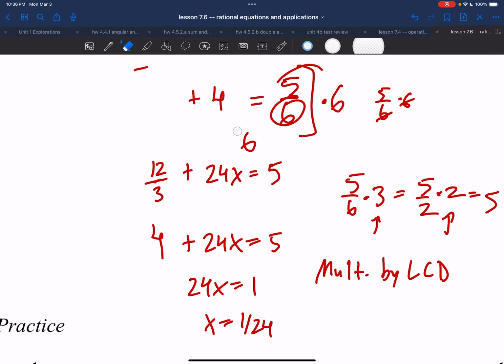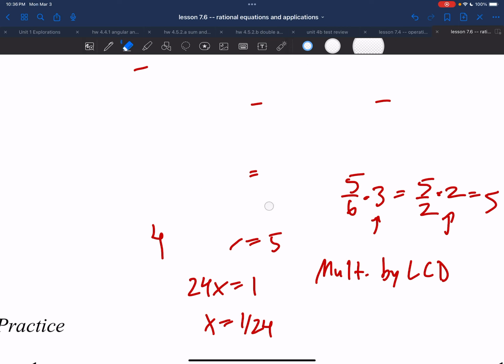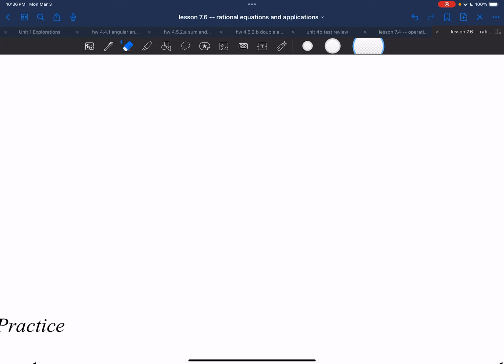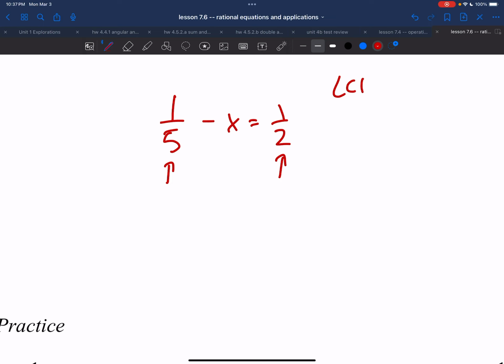Another simple example, and I'm going to be as quick as I can with this: if you had 1/5 minus x equals 1/2, what would your least common denominator be? Well, it would need to be a number divisible by both 5 and 2. So your LCD would be 5 times 2, which of course is 10. And so you'd multiply everything by 10 here.